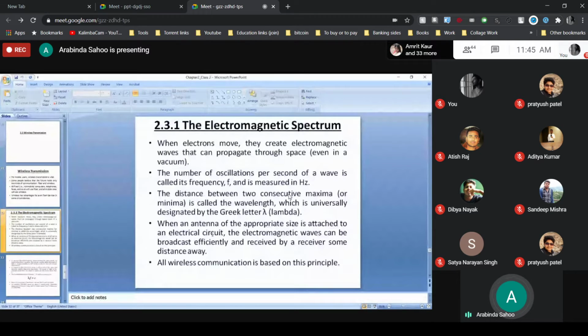In wireless communication, two antennas are always associated: one is the transmitting antenna, and number two is the receiving antenna. Both are connected to an electrical circuit, so one antenna transmits, and at the other end the other receives and converts it back to the electrical signal form, giving the original signal.